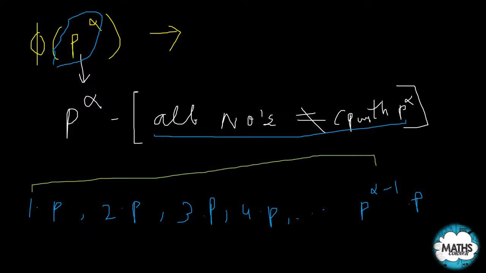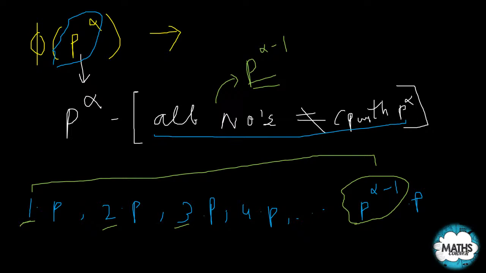How many numbers are there? p is multiplied with 1, with 2, with 3, and so on till p is multiplied with p to the power alpha minus 1. So in total, there are p to the power alpha minus 1 numbers which are not co-prime to p to the power alpha. So total minus not co-prime will give me the co-primes.